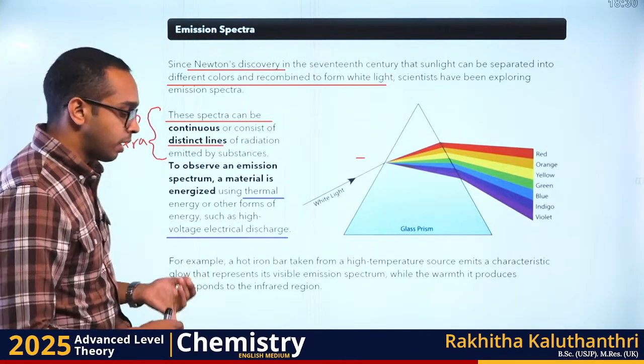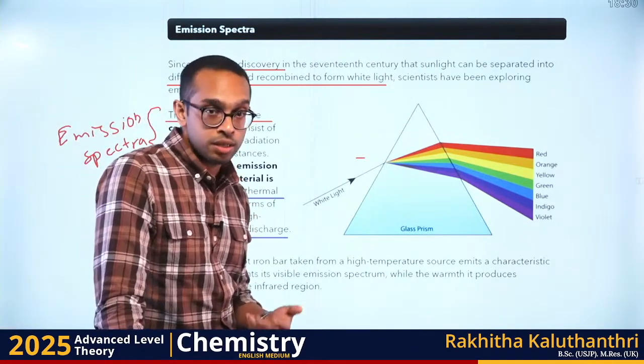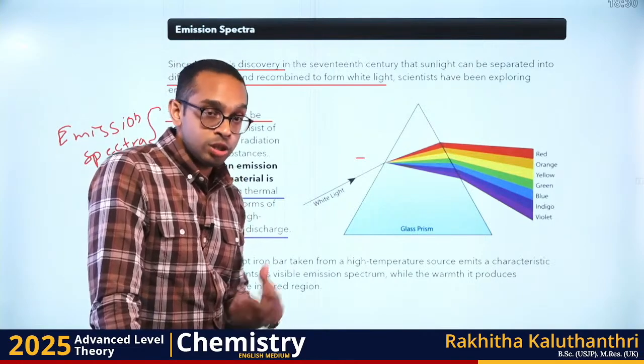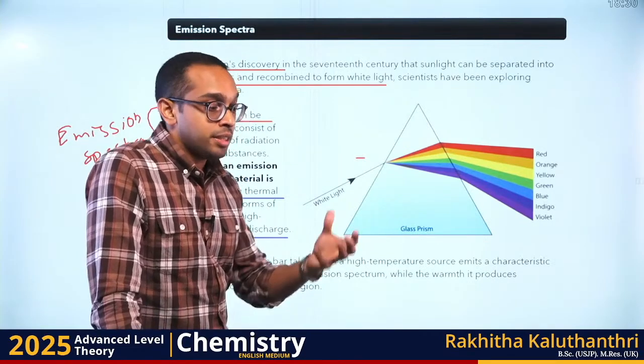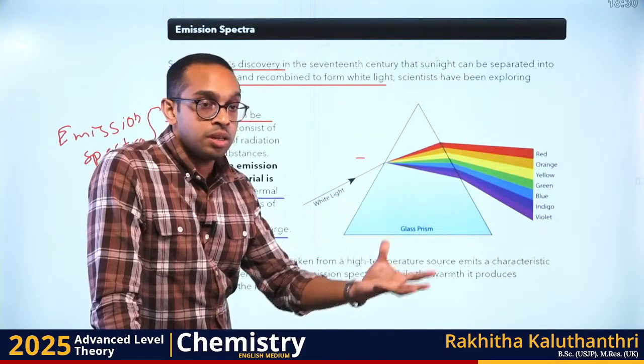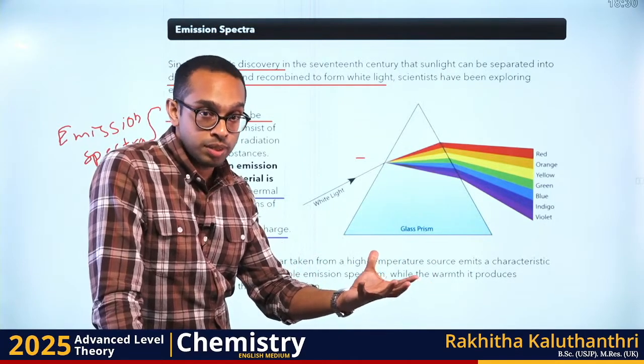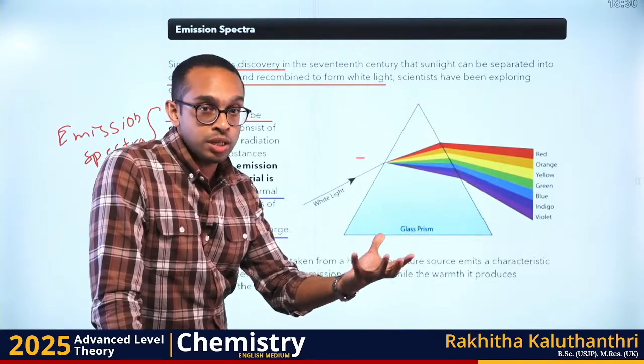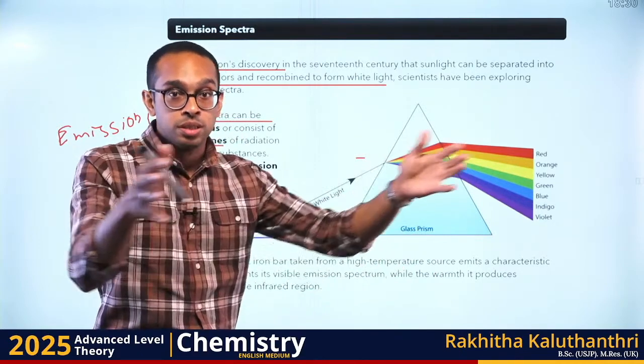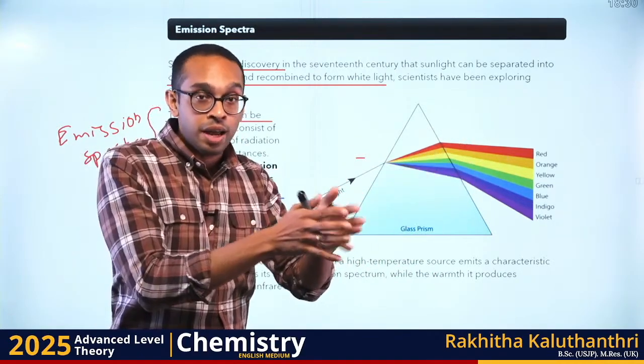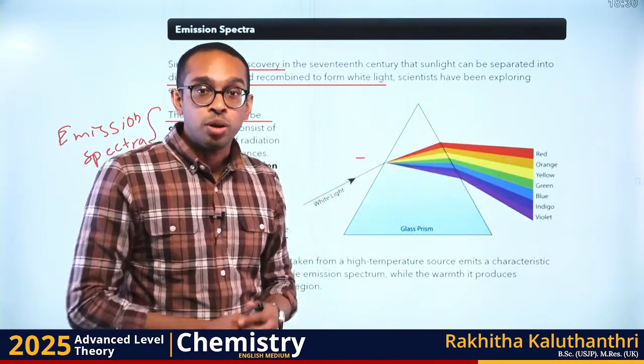So you have to provide either thermal energy or electrical energy and energize a material, and as a material is energized, it will emit radiation, and if you observe the frequencies that are emitted, that is going to be your emission spectra.